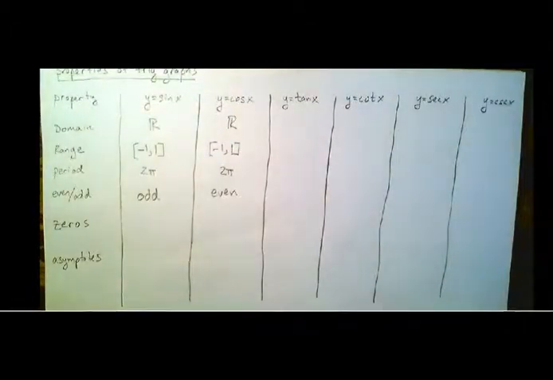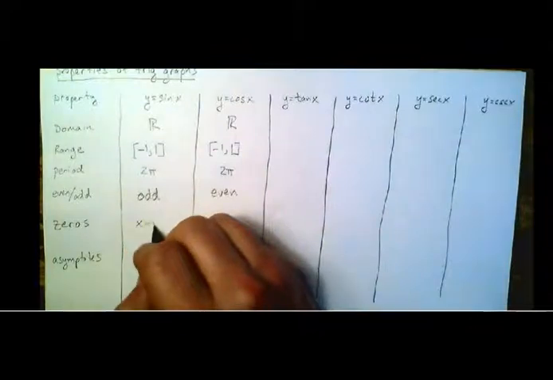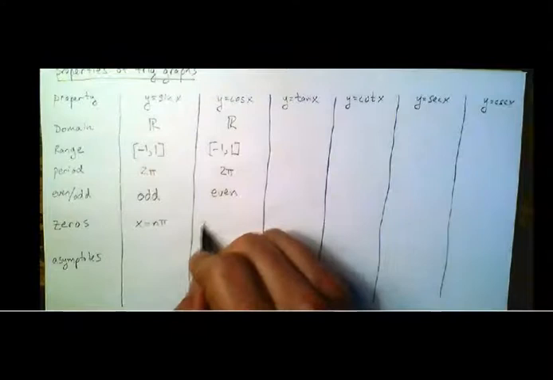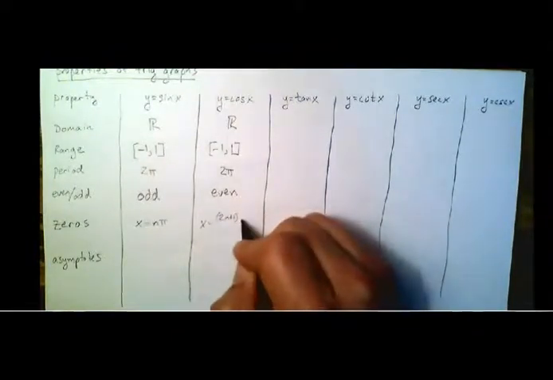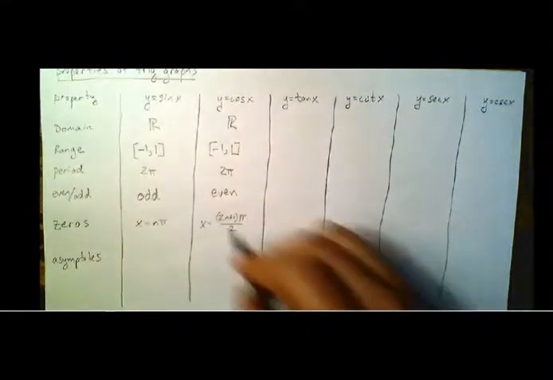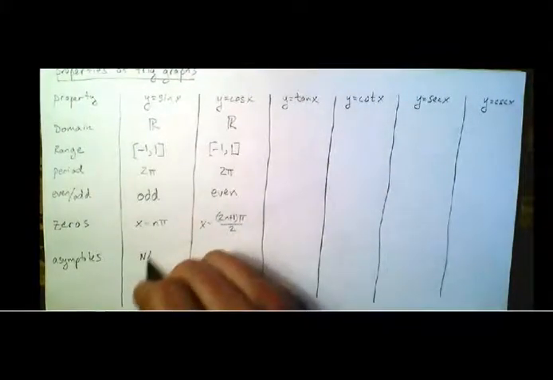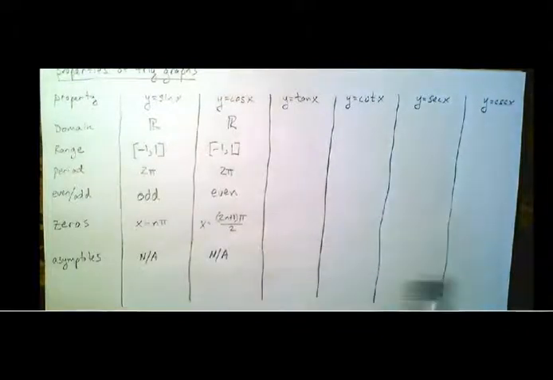The zeros we calculated previously were x equals n pi for sine, and x equals (2n plus 1) pi over 2 for cosine. And of course, we don't have any asymptotes. The subsequent trig functions may have some asymptotes we'll have to deal with. Okay?